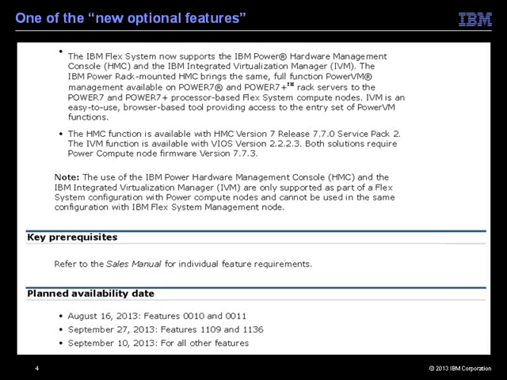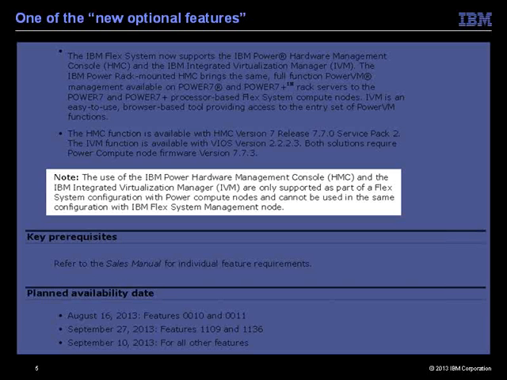It gives some of the requirements there, the HMC or IVM or VIO version requirements. But the most important part, at least in my thought, is the note in the middle of the page there. The note is there, but it's a little bit ambiguous.